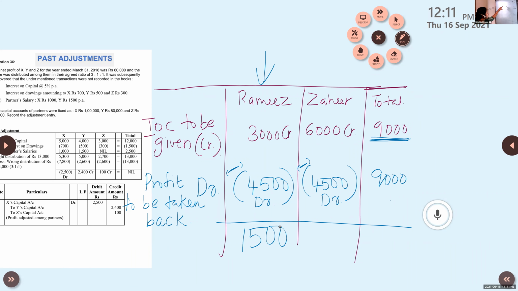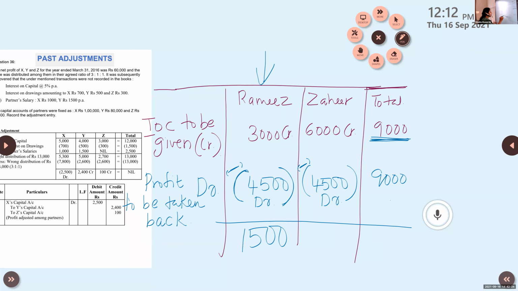Ramesh already has 4,500 with him in the form of profit. But actually, only 3,000 should be there with him. So from the 4,500, you keep 3,000 with you, as IOC has to be given to you. Give back the 1,500. Now, which is more, 3,000 or 4,500? 4,500 is more.